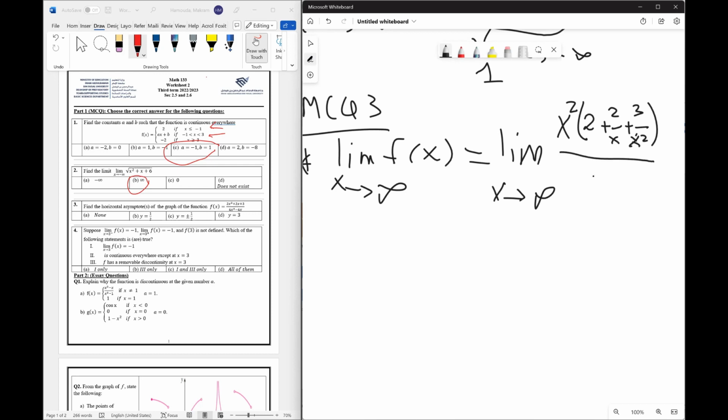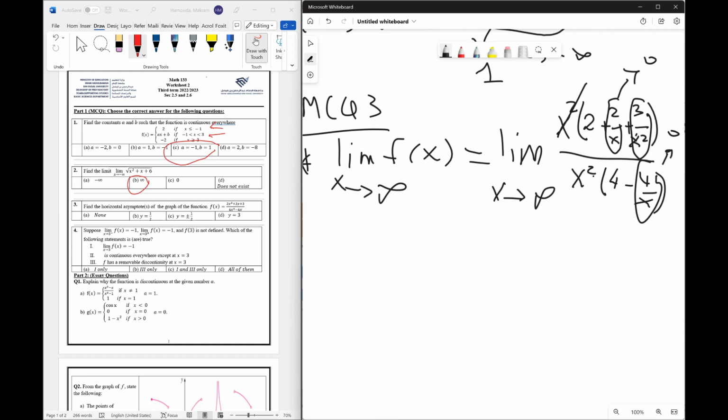Same thing, since the highest monomial is x squared, so I will put x squared as a common factor, and 4 minus 4 over x, and again we apply the limit when x approaches infinity, so this will go to 0. This also is the same thing, and this one will go to 0 as well.